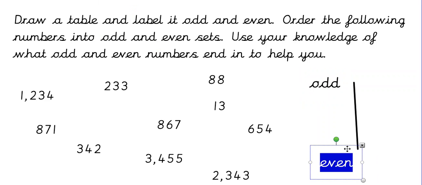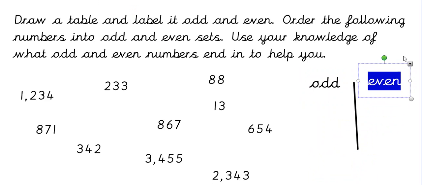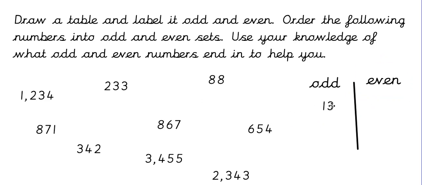Okay, like this. Then underneath each column you're going to put the numbers to show whether they are odd or even. So for example, the number 13 is odd, so I'll put it under my odd column. Okay, 654 is even, so it would go under my even column. What I would like you to do now is place the rest in the table. So pause the video and have a go.